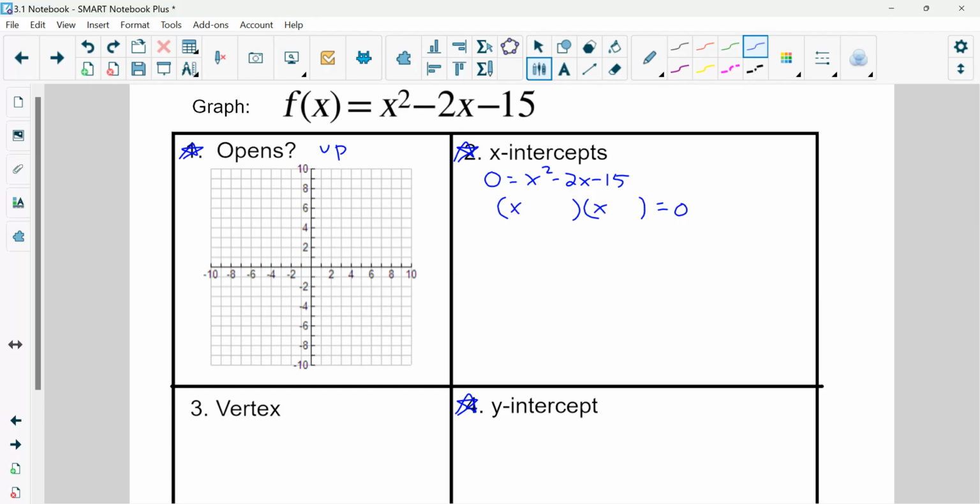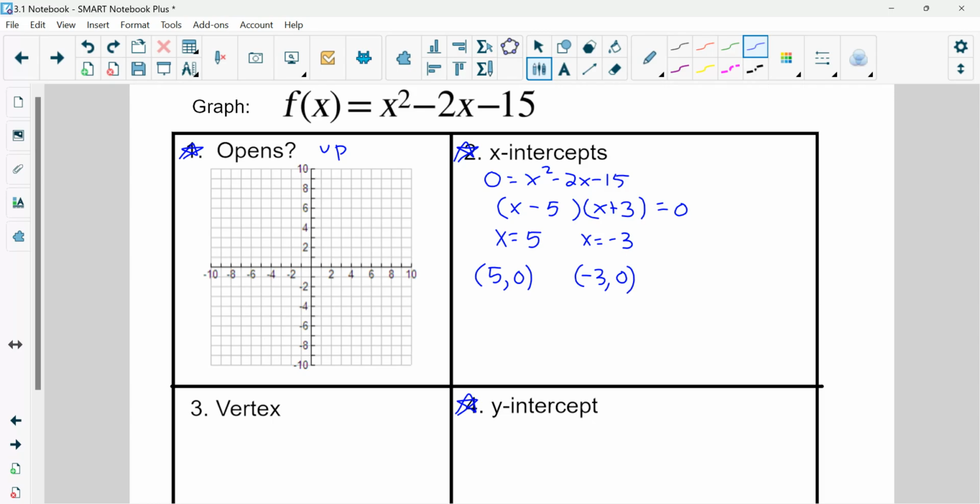So what multiplies to -15 and adds to -2? -5, +3. Good. And when we set those equal to 0, we get +5 and -3. So (5, 0), (-3, 0), those are our x-intercepts.